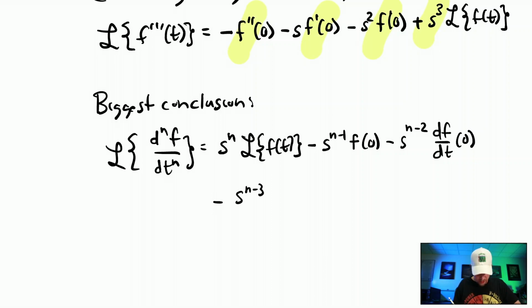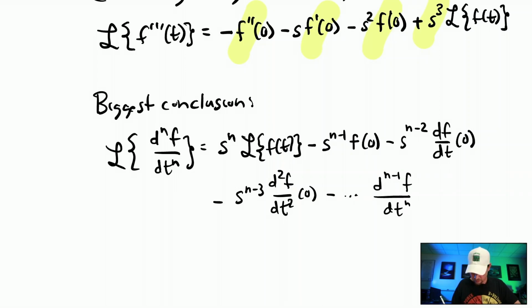Minus s to the n minus 3 times the second derivative evaluated at 0, and so on, minus the n minus 1th derivative evaluated at 0, like this.